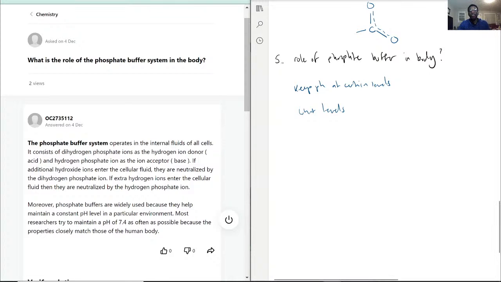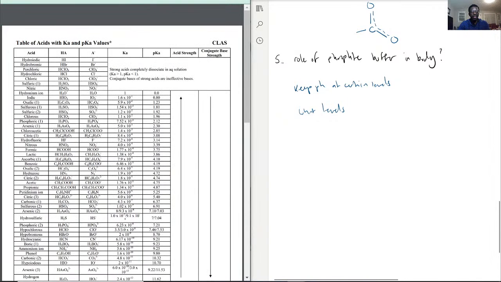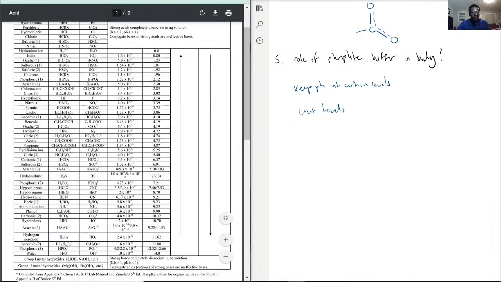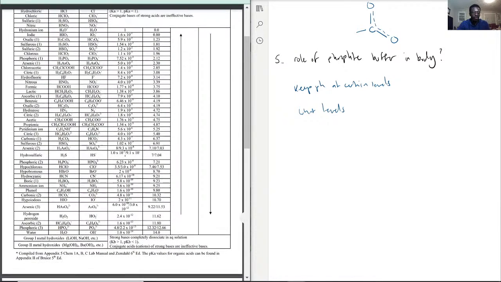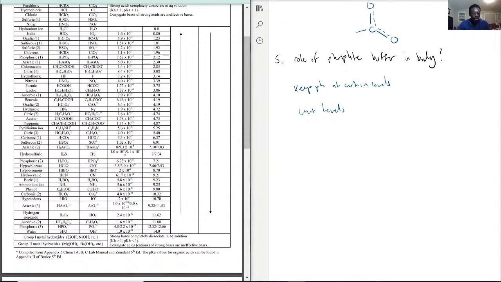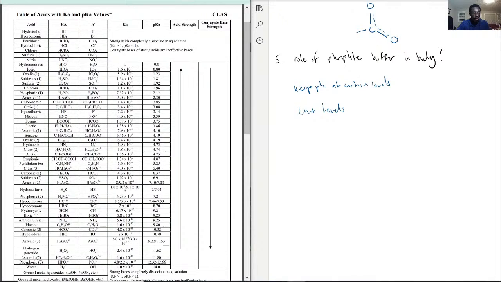Okay, we're actually going to refer to our acids and bases sheet, and we're going to look for phosphate, or phosphoric acid. This will be the last set of phosphoric acid. We want the first one, H3PO4. There we go.